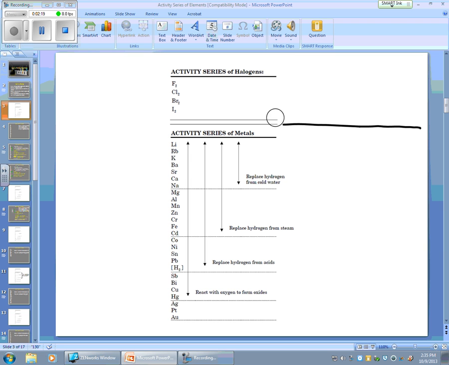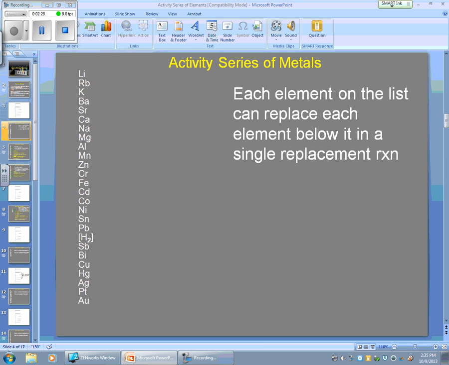Okay, now let's go ahead and look at the activity series of the metals. So we're going to look at the ones on the bottom. Over here on the left, I have a list of all the metals from top to bottom in that activity series of the metals. Each element on the list can replace each element below it in a single replacement reaction.